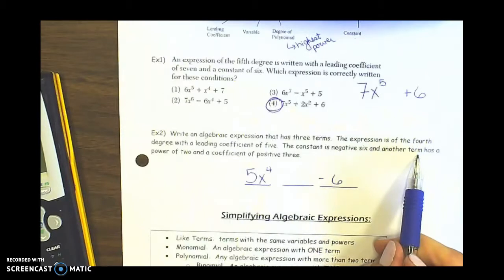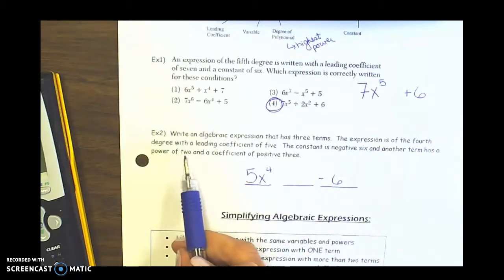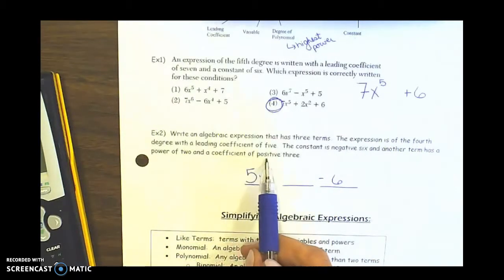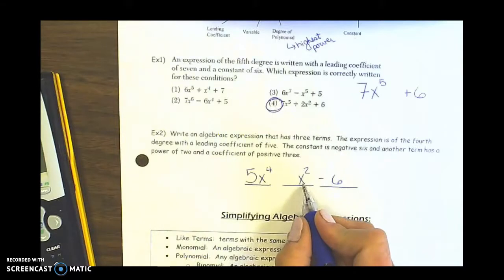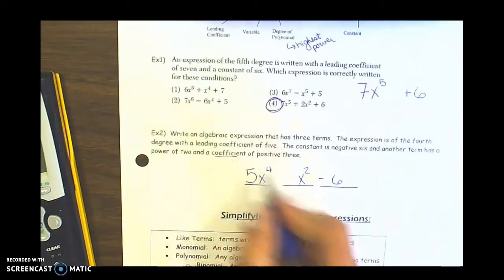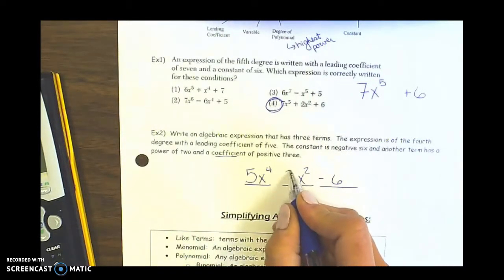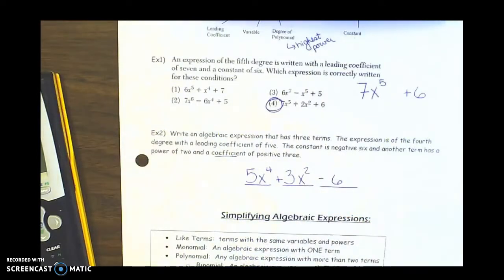And another term has a power of 2 and a coefficient of positive 3. A power of 2 and a coefficient, the number in front of the variable, that's how we know there's a variable, because the coefficient comes before it, of positive 3. And now we've written our polynomial.